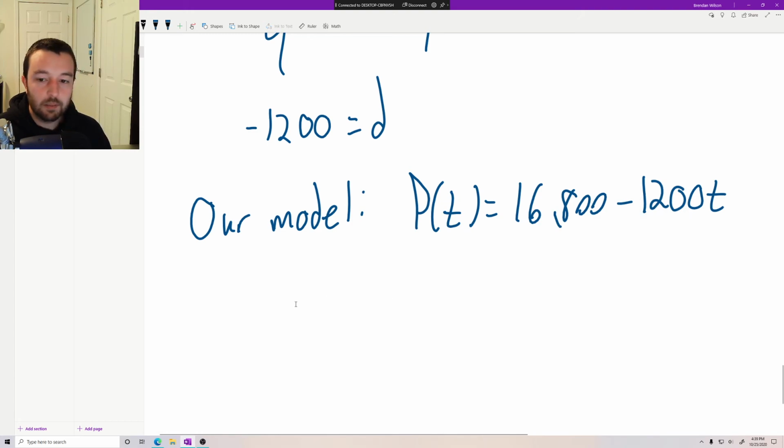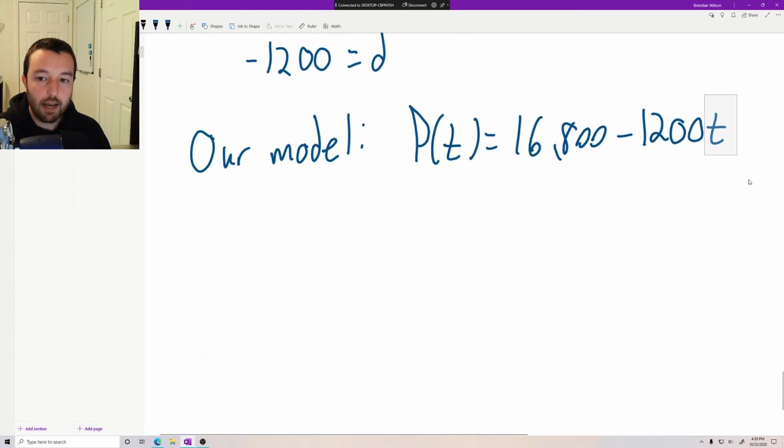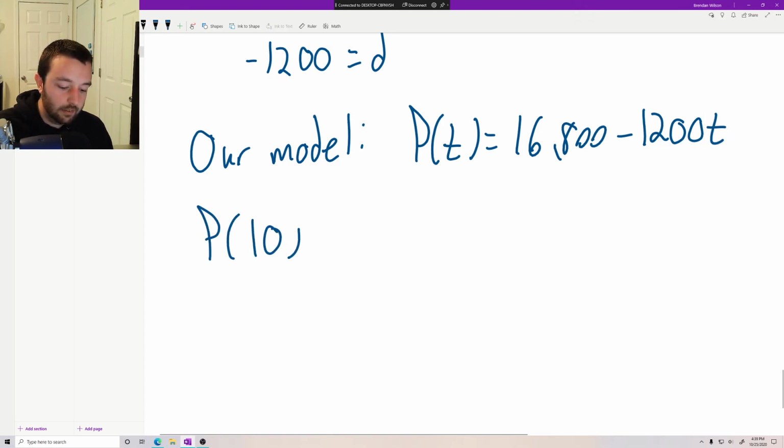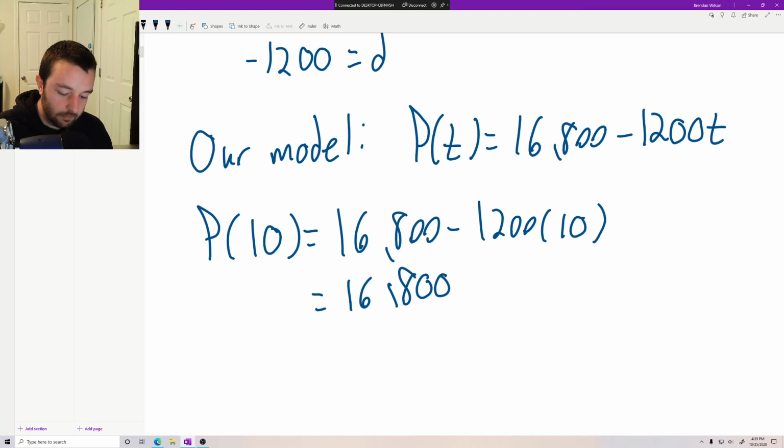So now we want to predict the price in 2020. Well, it started in 2010, so that's when our time is 10. So we're going to do P of 10. We're going to get 16,800 minus 1,200 times 10. 1,200 times 10 is 12,000.